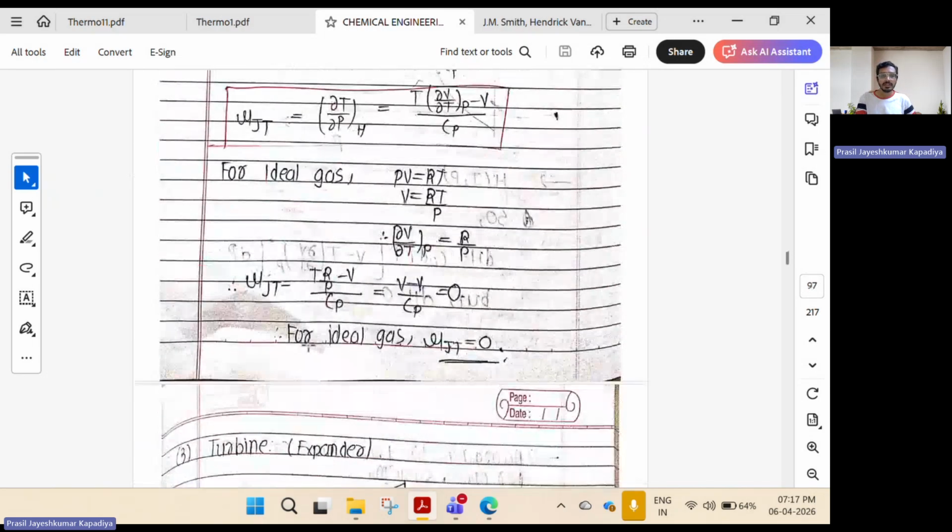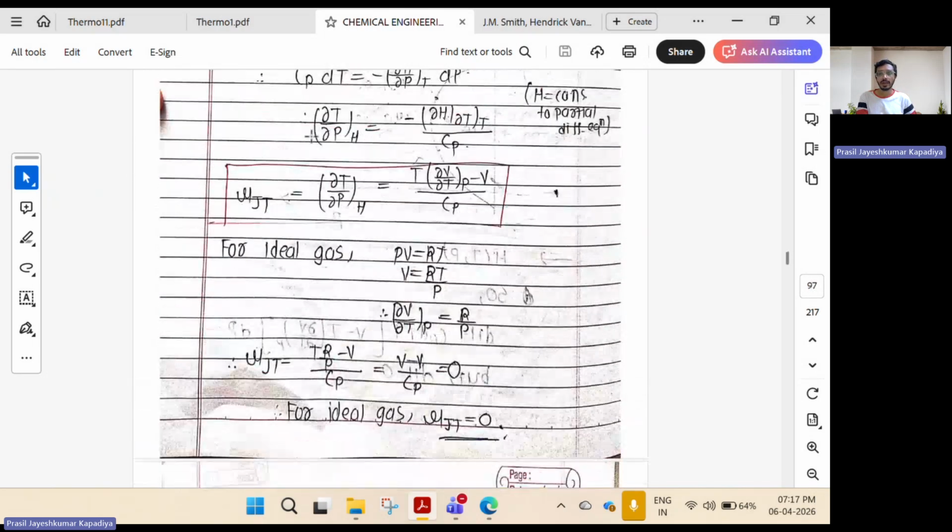Then we derived the expression and we find that mu can be written as T into del V del T at constant pressure minus V, divided by Cp. For an ideal gas, this can be replaced by R by P, and RT by P is only V, so V minus V is 0. So we have a Joule-Thomson coefficient of 0 in the case of an ideal gas.